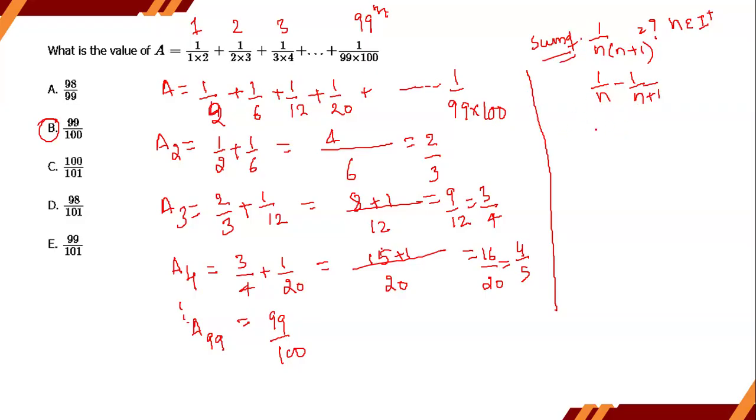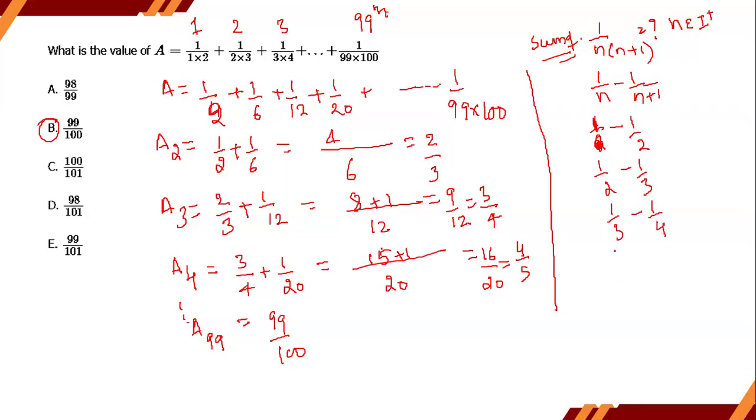So now, once we start doing this, for the first term this is 1 minus 1/2. Then if n is equal to 2, this is 1/2 minus 1/3. And if n is equal to 3, this will be 1/3 minus 1/4, right?